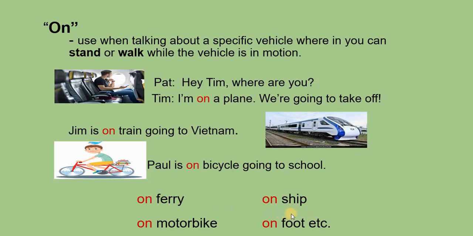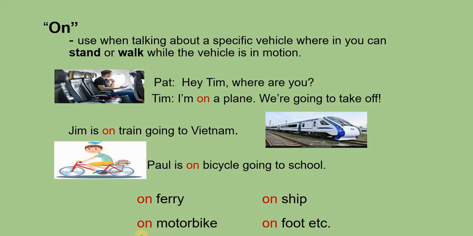So the ship is huge, and when it's in the water and it's in motion, you can stand up and you can even sit down. Of course, you can sleep, you can walk around. So that's your ship. You're gonna be using preposition on.